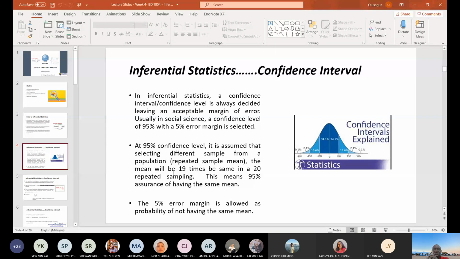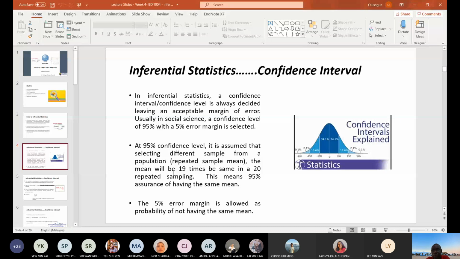For instance, if a researcher studied a sample of a population, because the entire population is not studied, there is a possibility of an error margin, maybe error of omission, error of commission, error of inadequate sample. Because of that, there's always a margin of error to make your result acceptable. And that is what brings about a confidence level and our confidence interval.